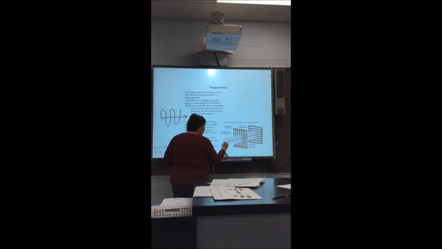So let's look at this wave that's moving here. This one we know is absolutely perpendicular. And so we're going like this, and it's here, and down in here. The slits are going in this direction, so the wave that's traveling in this motion is going to make it through these slits and go through.